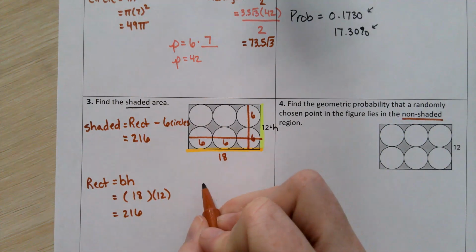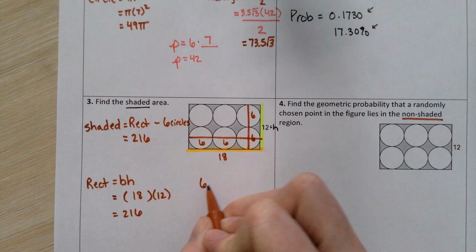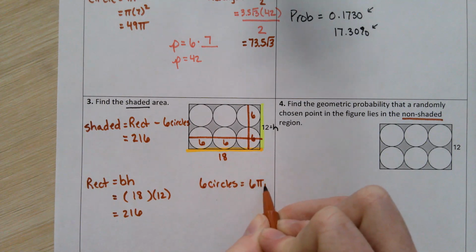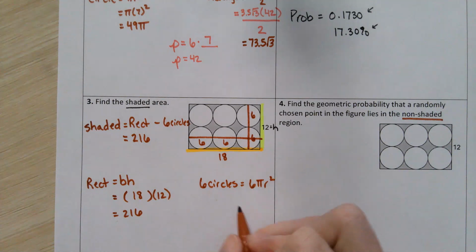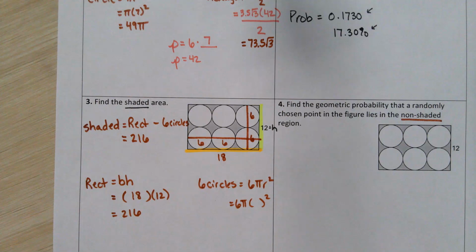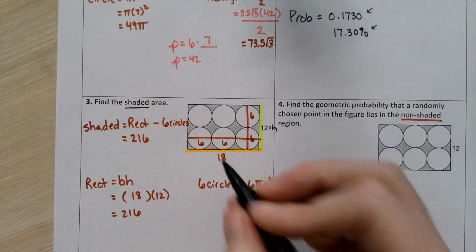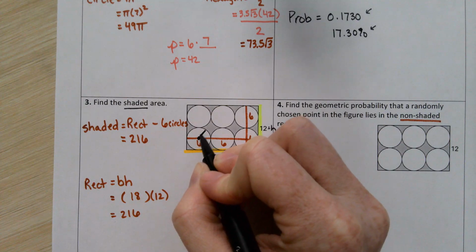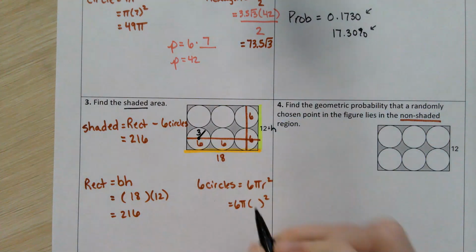Okay, continuing on, we need 6 circles. So we need 6 pi r squareds. So if we think about what the radius is of each of these circles, we already talked about how the diameter is 6. So if we were to split that in half, that would tell us the radius is actually 3.